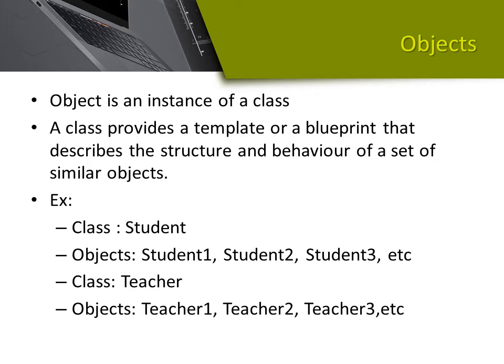Similarly, we can also have a class called teacher, and objects will represent different teachers, means instances of that class teacher. We'll see further examples through which these concepts of objects and classes will be more clear to you students.